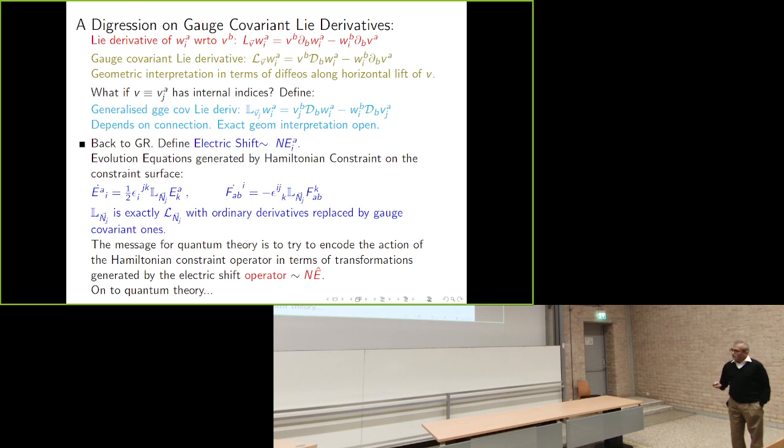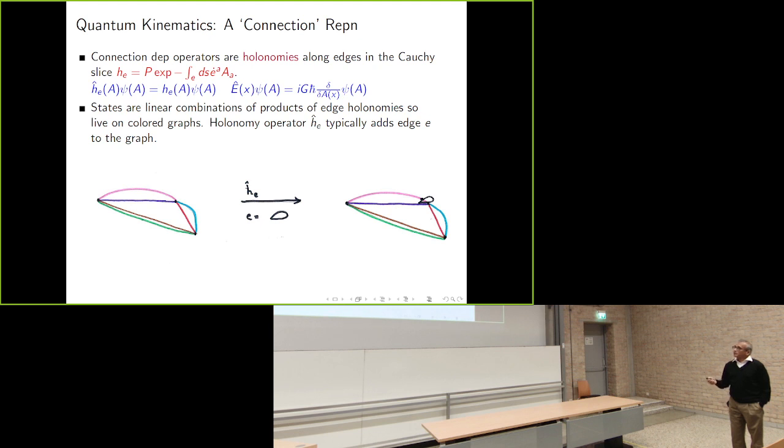Let me then go on now to quantum theory and just quickly recap, maybe in a slightly complementary way, what Hal did. Let me very quickly, in two slides, tell you about the quantum kinematics of LQG. It's a connection representation. Wave functions are functions of the connection. The basic connection dependent operators, as Hal pointed out, are holonomies along edges in the Cauchy slice.